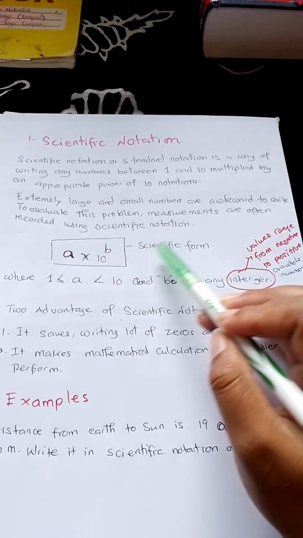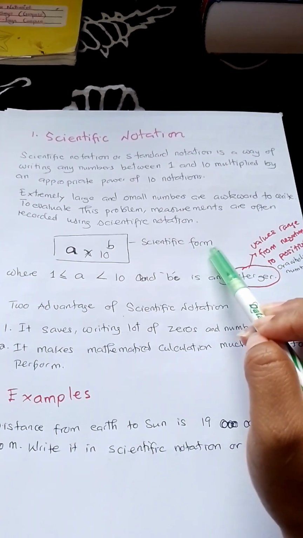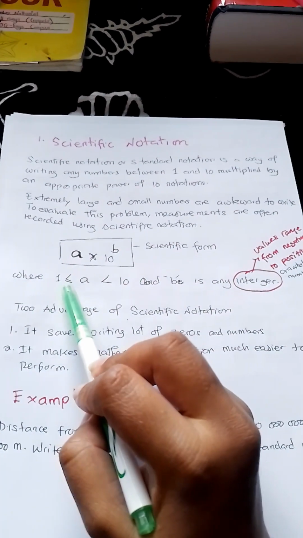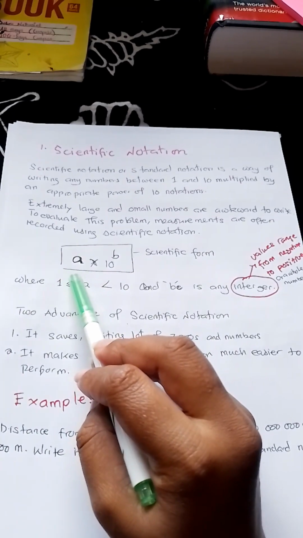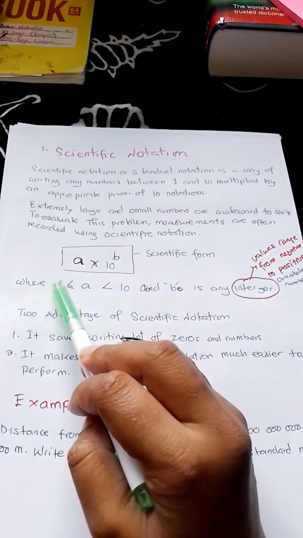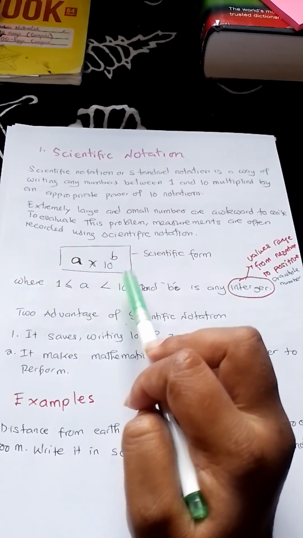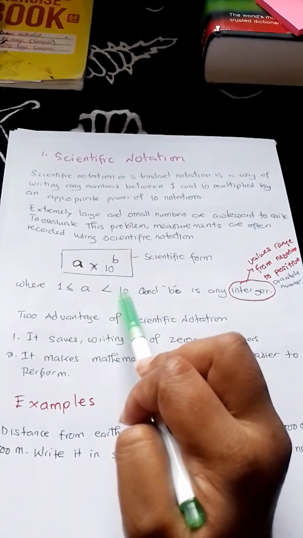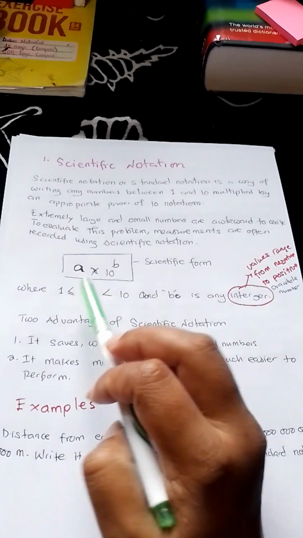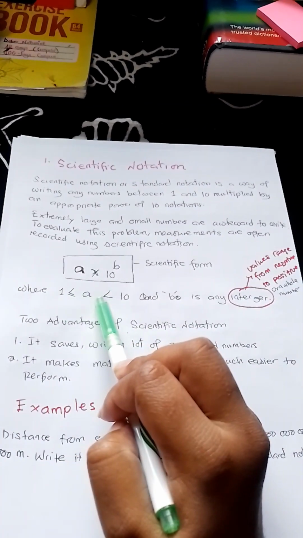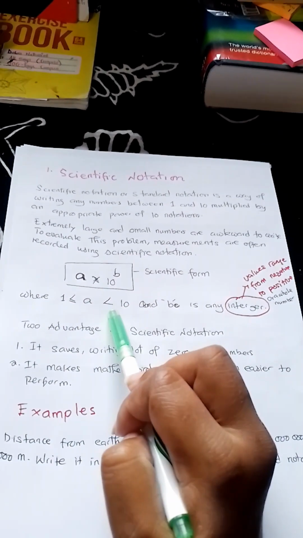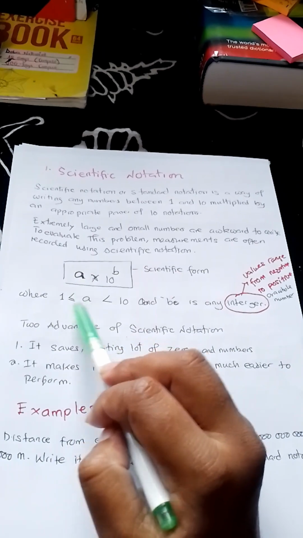That's the general form for scientific notation, or standard notation, where a is greater than or equal to 1 and less than 10, so the value of a must range from 1 to 9.